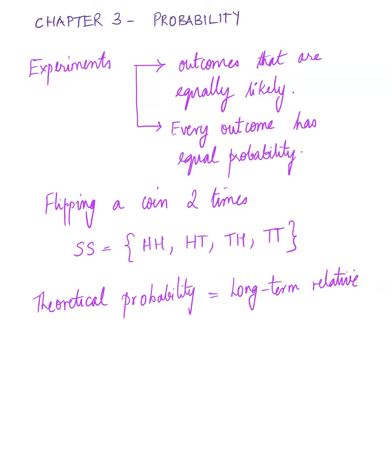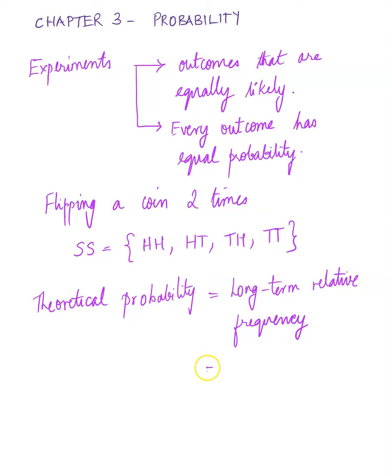And we saw in the previous lecture the example where we were given a frequency distribution, and from that we derived a relative frequency distribution, or the table, and we realized that relative frequency is nothing but the probability. So that's a long-term relative frequency. That's how these two are related.